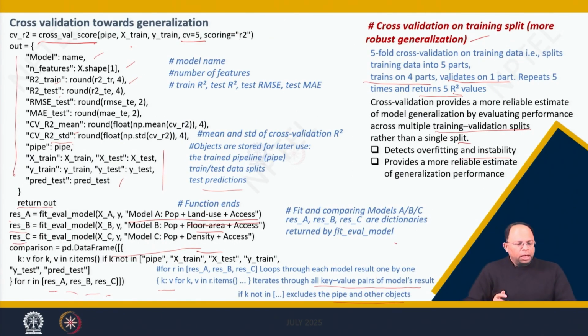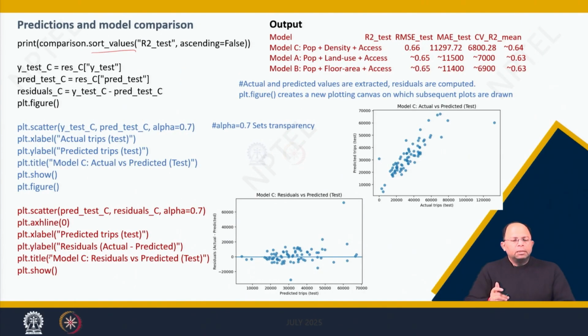So we have stored everything in comparison, and then we are sorting those values and printing them, and it would be printed in ascending order, right? So once we do that, we get these values here.